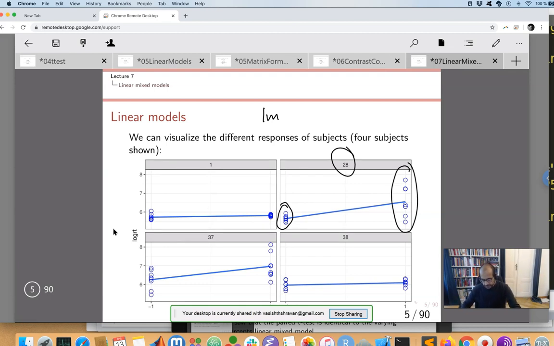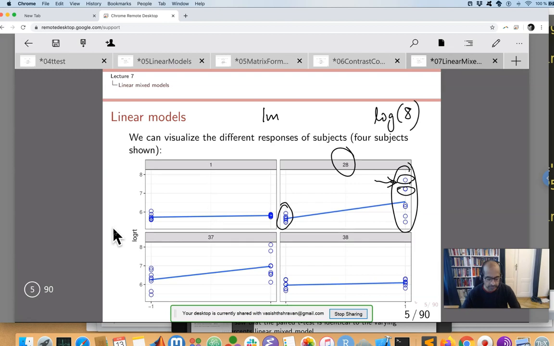And these 2 extreme values are actually pushing the average object relative clause effect of subject 28 higher, and that's why the slope of this line is so big. That's why we see such a strong effect in subject 28. If you think about it, this data point here is log 8 milliseconds.